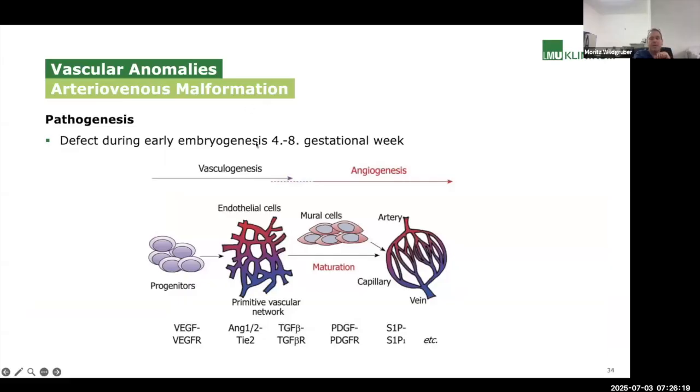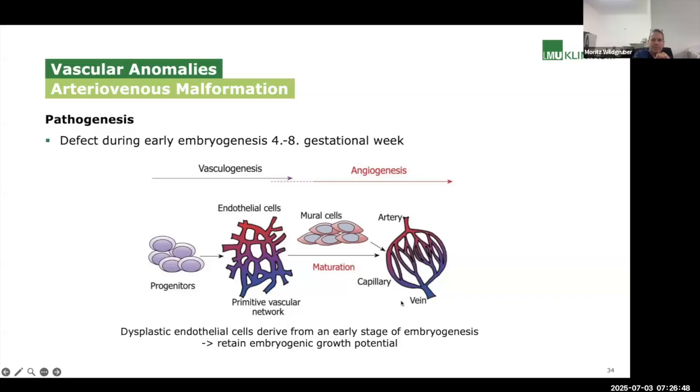Arteriovenous malformations are the most difficult ones to treat because they have a high flow character. The arteries are pumping blood in there, and arteriovenous malformations are essentially characterized by lacking the capillary bed. That means usually the blood comes through the artery, goes through the capillary, and then to the vein. In AVMs, the capillary bed is missing, meaning the artery is shunting directly to the vein.